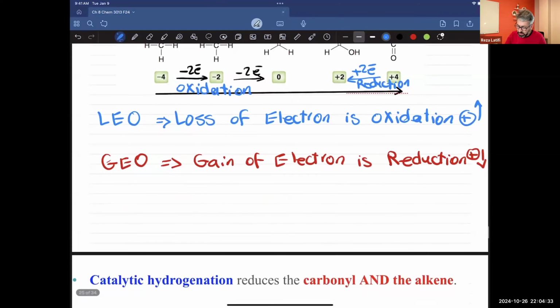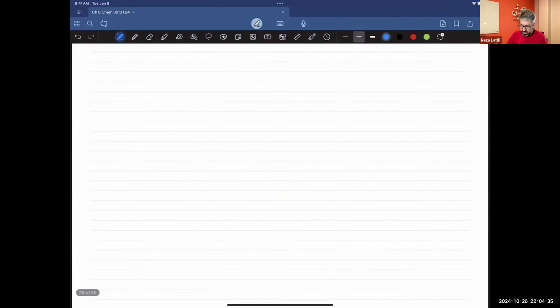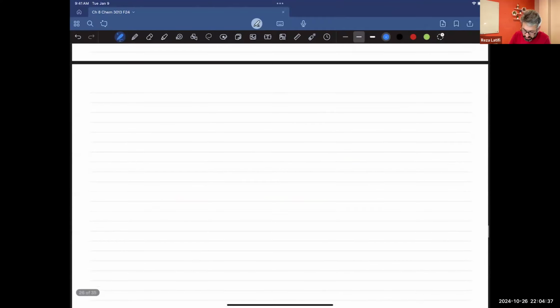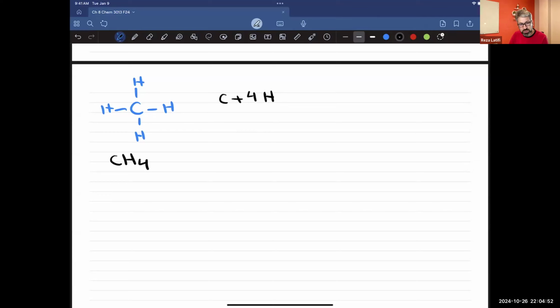Okay, how do we calculate the oxidation number of carbon? Say you have this compound, carbon attached to 4 hydrogens. The electronegativity of carbon is higher than hydrogen, so you can simply say I have a carbon plus 4 hydrogens, and the compound is CH4, which has no charge.